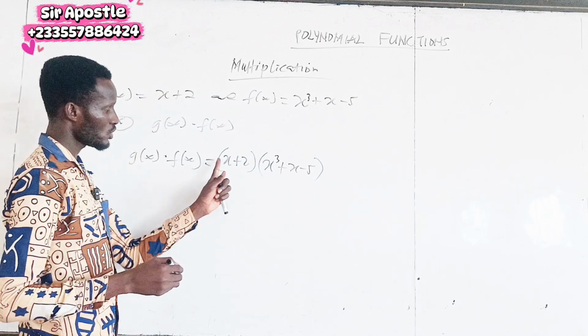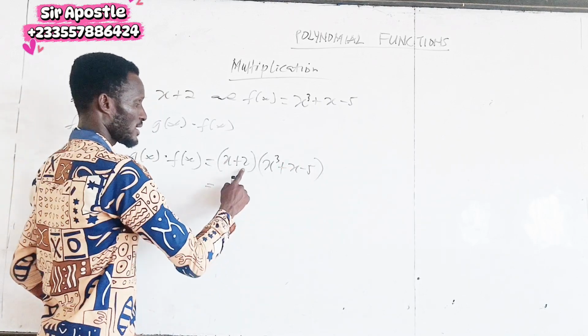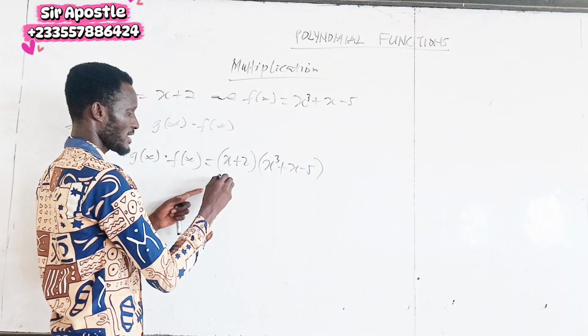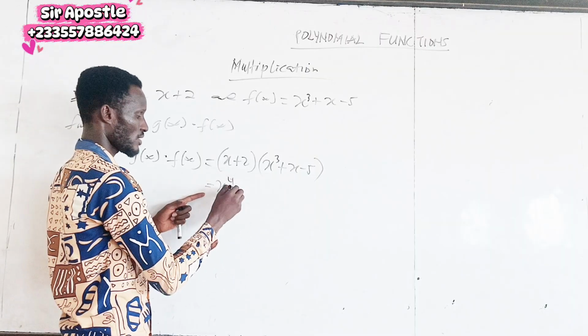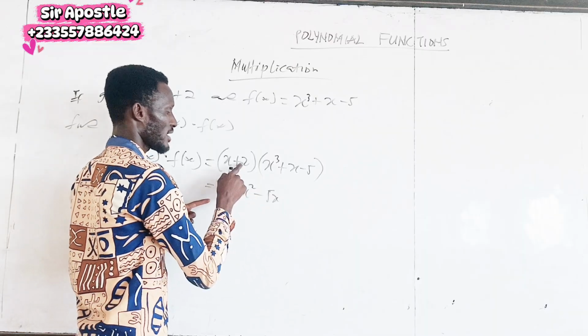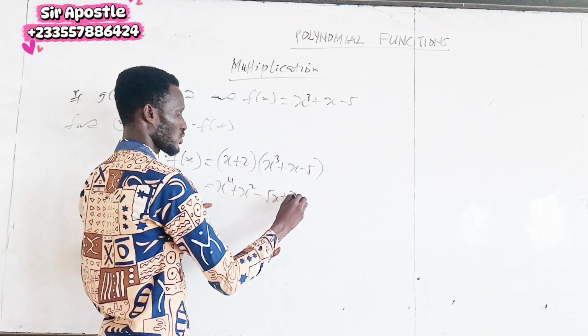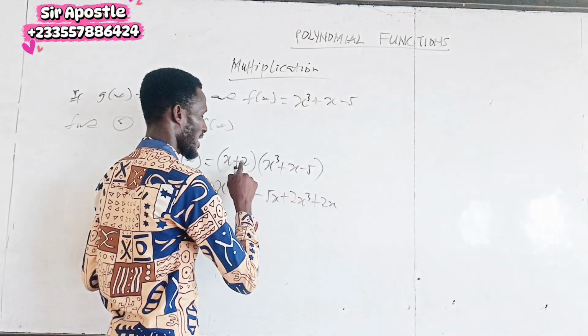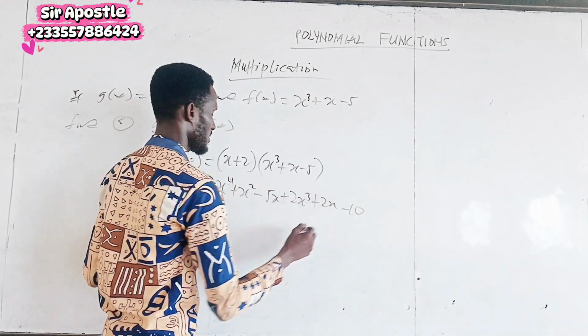Now what I'm going to do is use this one to multiply the whole of this one. x times x exponent 3 will give us x exponent 4. x times x will give us x squared, x times minus 5 will give us minus 5x. Now 2 times this one gives us plus 2x exponent 3. 2 times x gives us 2x. And 2 times minus 5 gives us minus 10. Now let's rearrange.